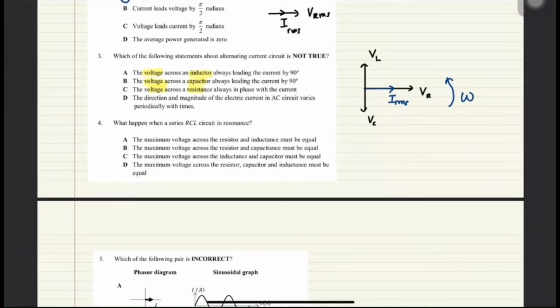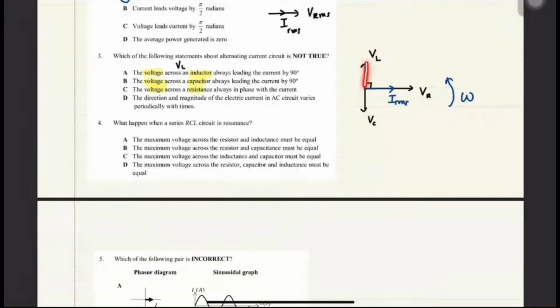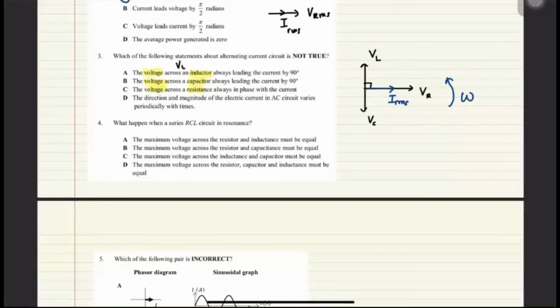Okay, so the voltage across the inductor, that one is your VL, leads the current by 90 degrees. Right, because this is your VL, it leads the current by 90 degrees. That one is correct. For B, the voltage across a capacitor, that one is VC, always leading the current by 90 degrees.